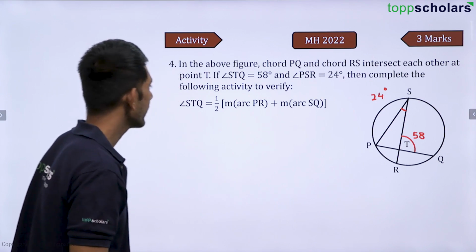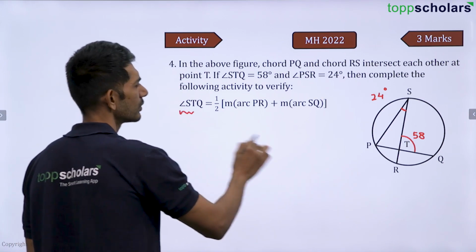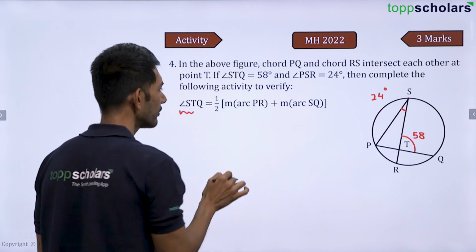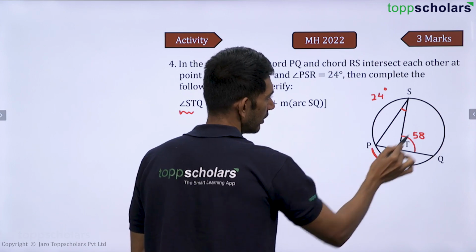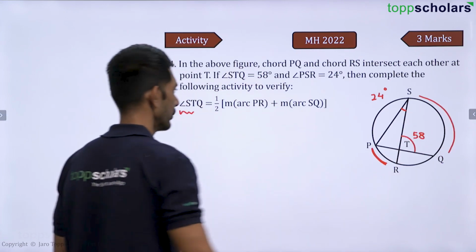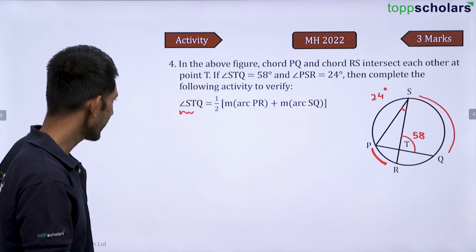Complete the following activity to verify that the measure of angle STQ is equal to half of measure of arc PR plus measure of arc SQ. Correct? So this is what we are supposed to verify.